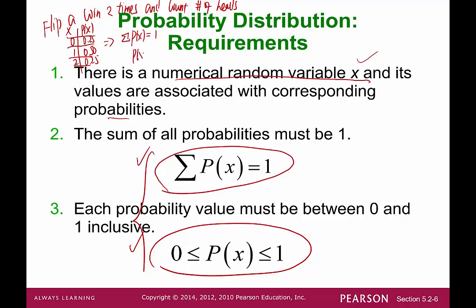And each probability is greater than or equal to 0 and less than or equal to 1. So this particular case is a probability distribution. That's how you determine a probability distribution: create a table, list all the possible outcomes x, and then the probability associated with each possible outcome.